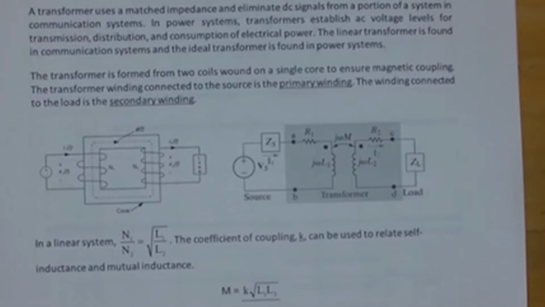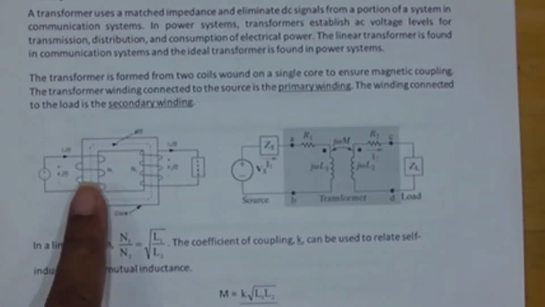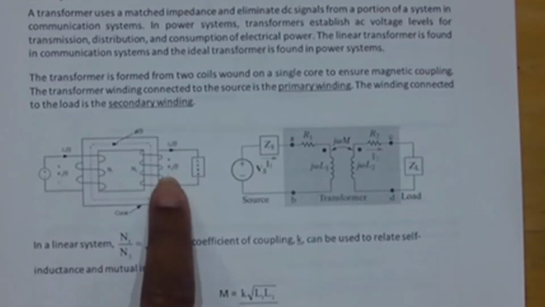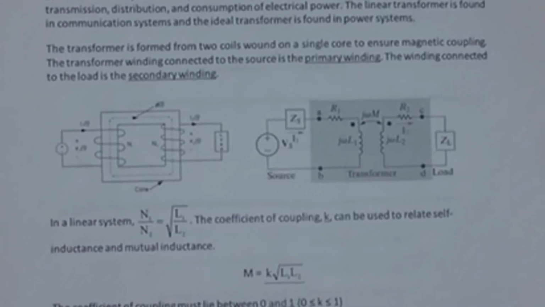So the way we model that transformer here, it looks just like mutual inductance. But when it's an ideal transformer, there will be two vertical lines in it, and you'll see that in a minute. Okay, so we like to say that the source has the primary windings, which is N1, and the load, or the other side, has the secondary winding, which is N2.